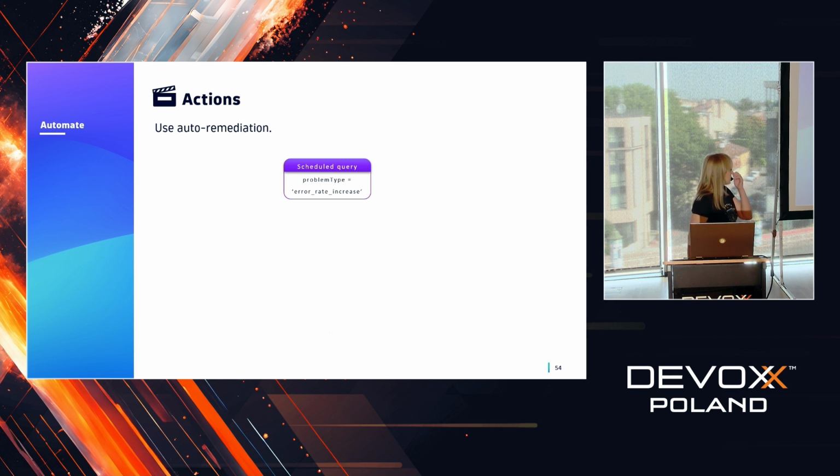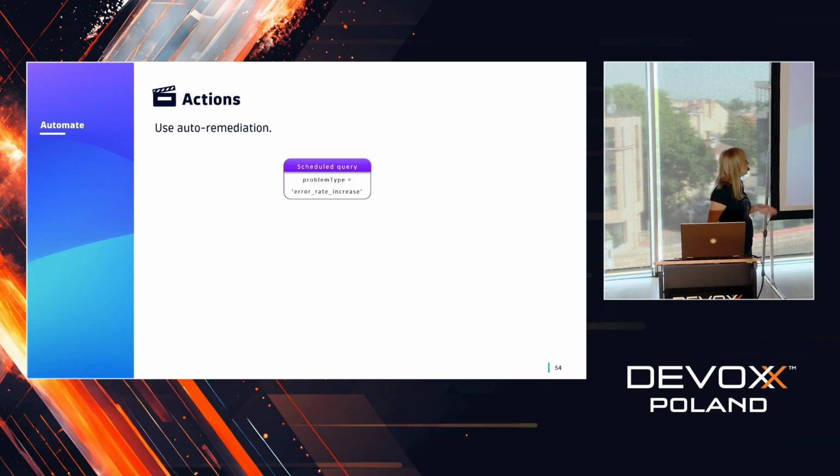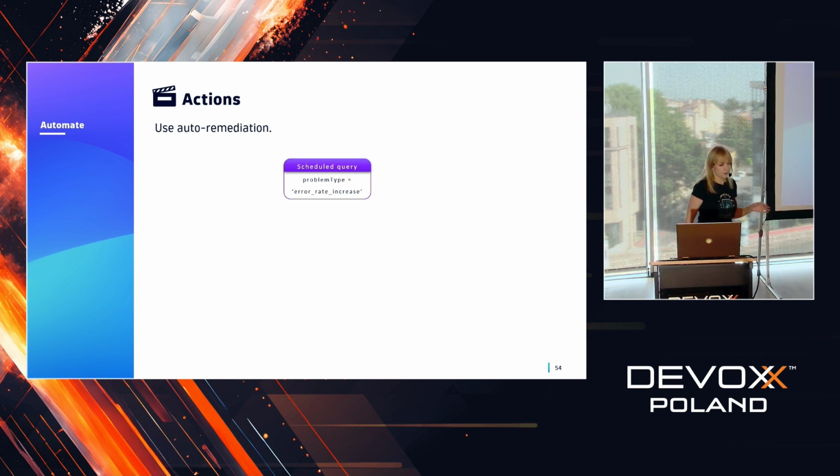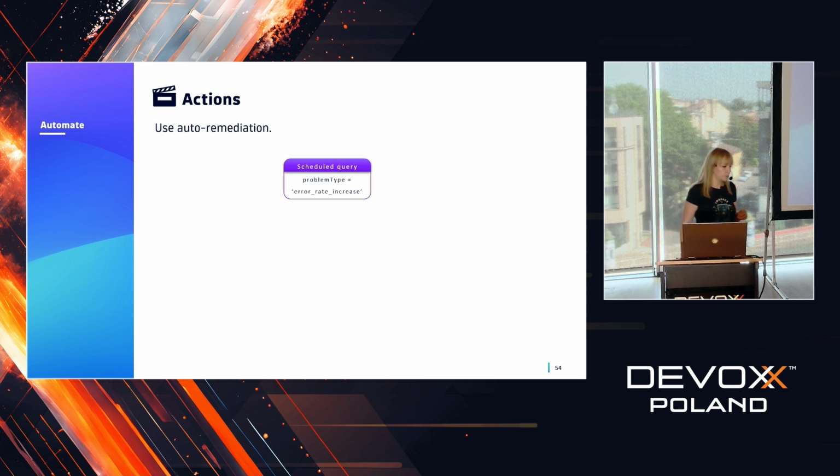So here I have an example. Let's assume that we just deployed a new version of a service. So we can schedule a query to our monitoring tool that will check if there is any error rate increase. And if there is one, we would like to trigger self-healing, which could be, for example, installing the previous stable version of our service.